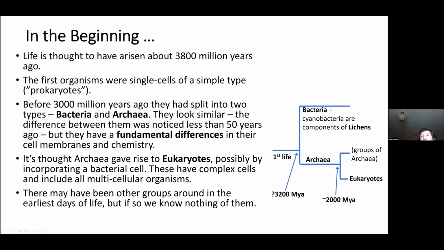So the bacteria went their own way something like 3,200 million years ago, but the archaea, very similar looking things, eventually, probably by actually incorporating bacterial cells into themselves, they went on to give rise to the eukaryotes, which are the complicated cells that make up all the plants and animals on the shoreline, and also most of the single-celled organisms other than bacteria that you come across if you've done school biology and things like that.